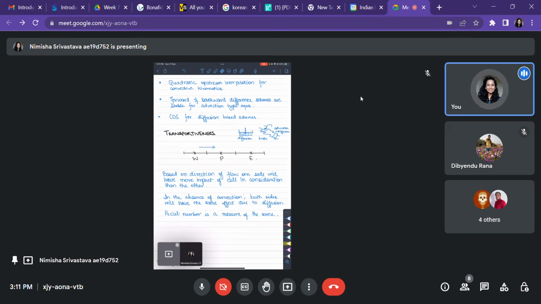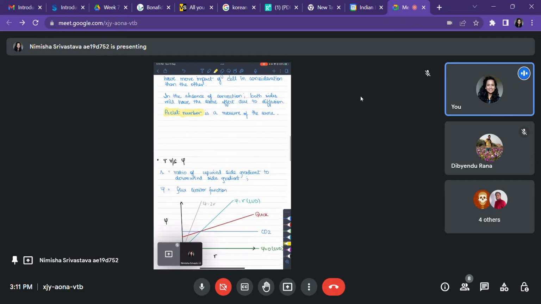The Peclet number, which is an important non-dimensional number, is a measure of the same. It is a measure of whether diffusion or convection is more dominant. You can imagine that for flows which have a high velocity, you're going to have more dominance of convection as compared to diffusion.